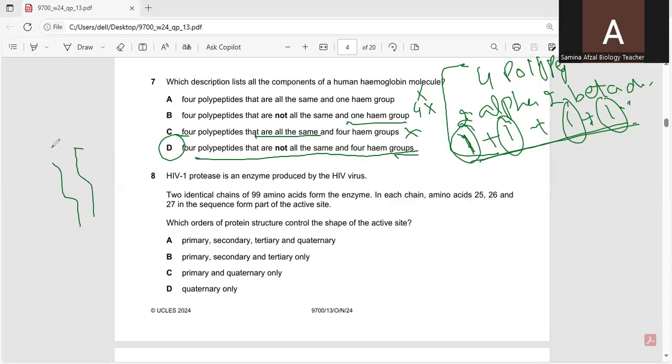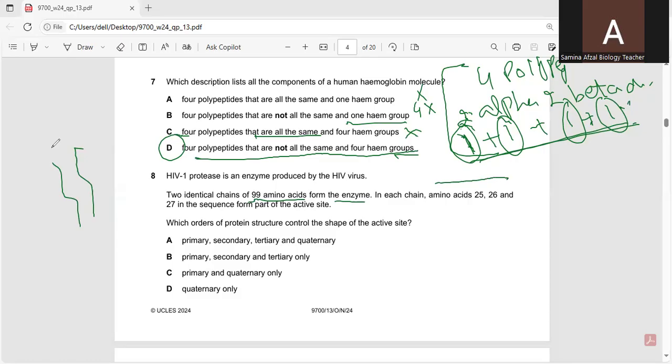In each chain, amino acids 25, 26, and 27 in the sequence form part of the active site. 99 amino acids will make the enzyme, and enzyme amino acids number 25, 26, and 27 will be the active sites.